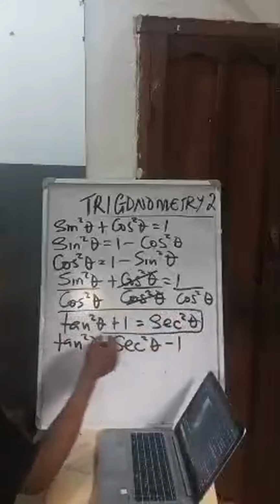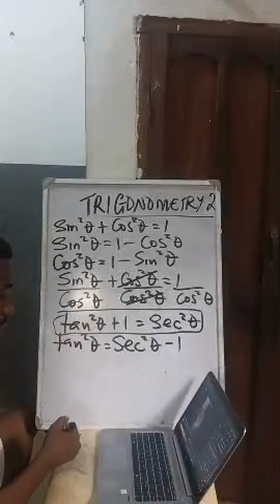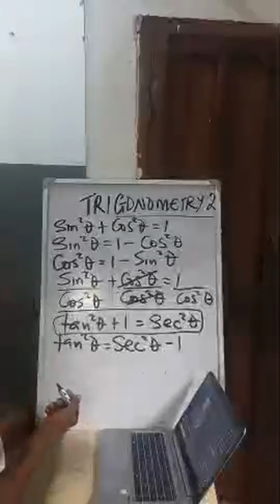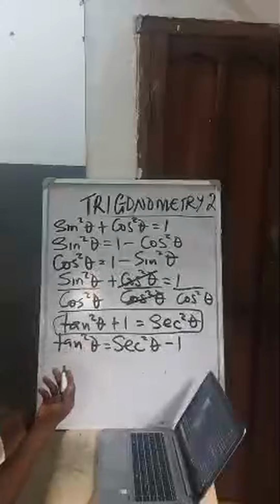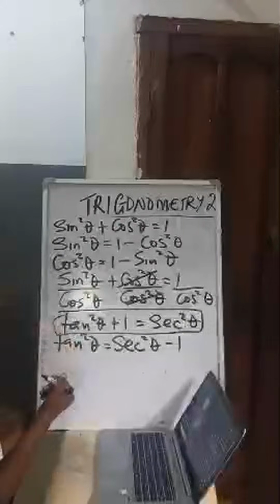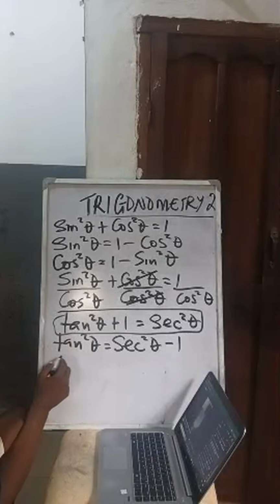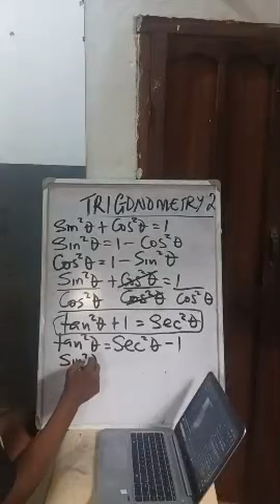Another trigo identity. Okay, and so on and so forth. We generate as many as possible. What if we divide through by sine squared theta?